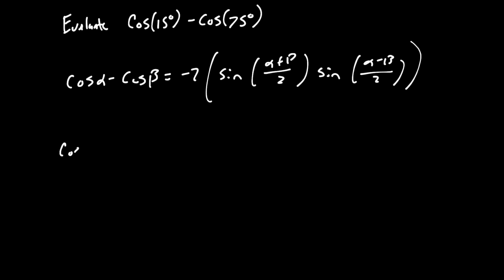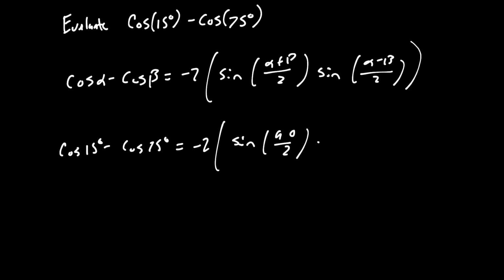This means that our cosine of 15 degrees minus cosine of 75 degrees is going to be negative 2 times sine of 90 divided by 2 times sine of 15 minus 75 divided by 2.